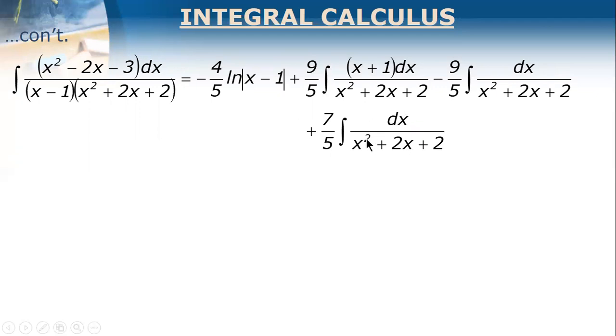With x squared, always think of completing the square, or making it either a sum of two squares or a difference of two squares, so that you can make use of inverse functions or you can use trigonometric substitution. Okay. So let's simplify.